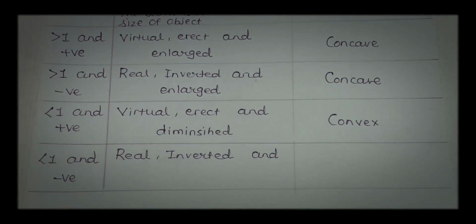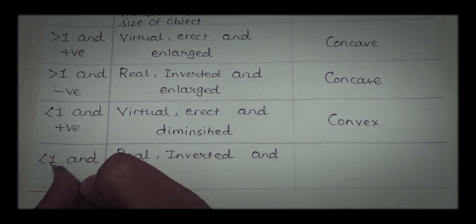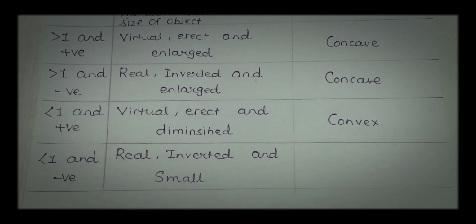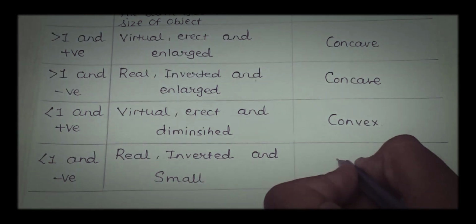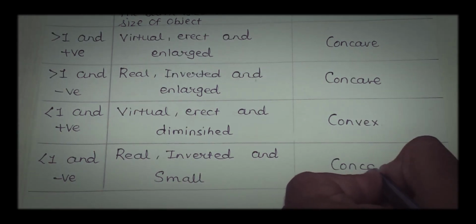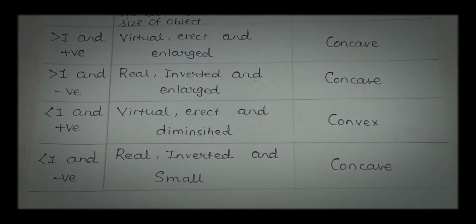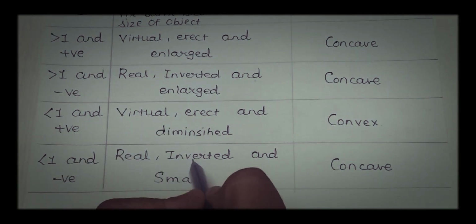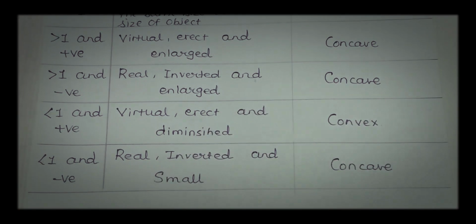Here it is less than 1, so the image is small in size. The type of mirror is concave. When we put the object beyond C in the concave mirror case, we get an image that is real and inverted, and the size is small.